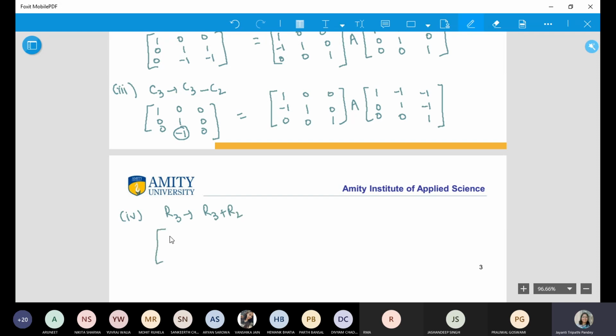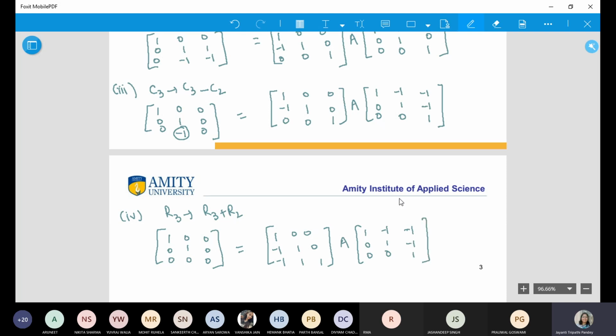So left hand side 1 0 0, 0 1 0, 0 0 is equal to no change in first row, no change in second row, and third row is R3 plus R2. So minus 1, 1, 1. A, 1 0 0, minus 1 1 0, minus 1 minus 1 1.